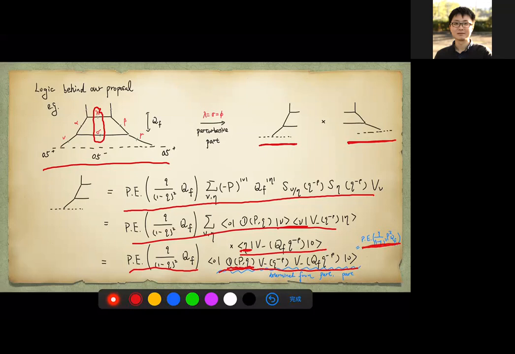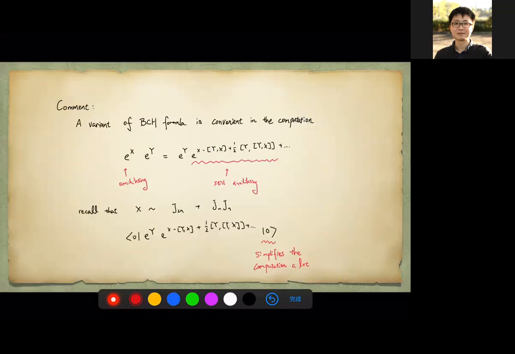And that was the form of the O vertex I showed you before. And so our proposal is that by choosing this O vertex that satisfies this perturbative calculation, it can reproduce the instanton partition functions.